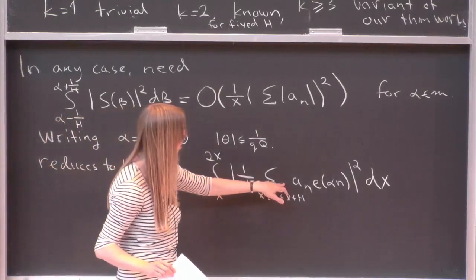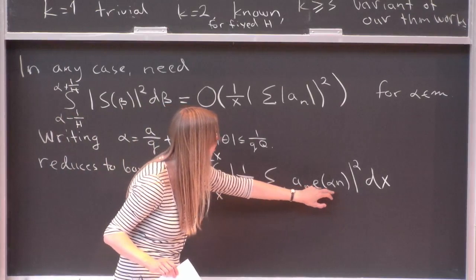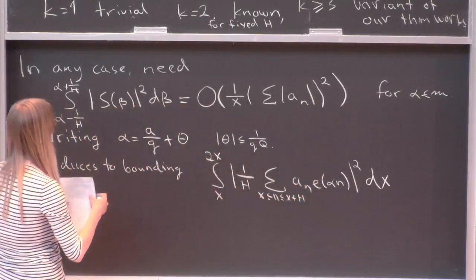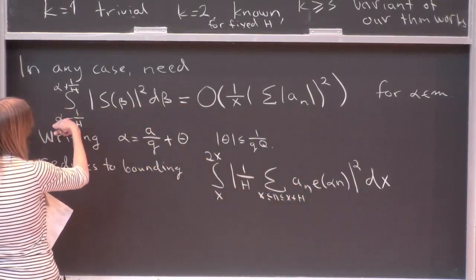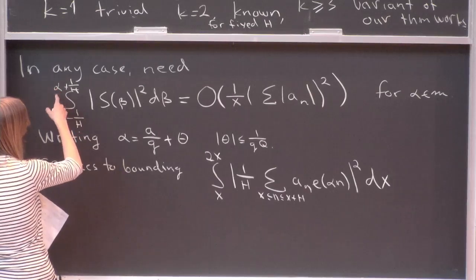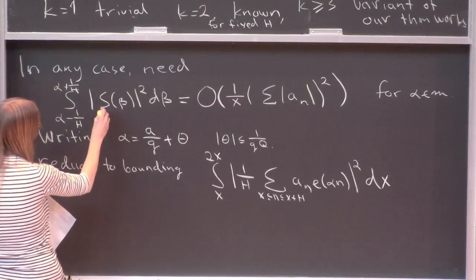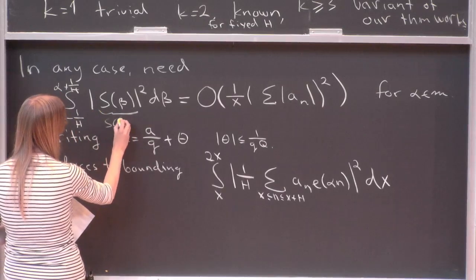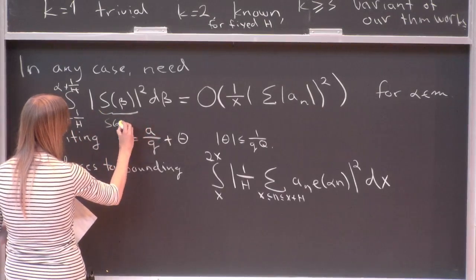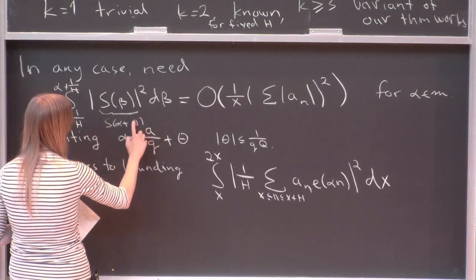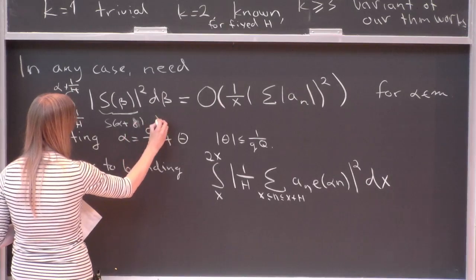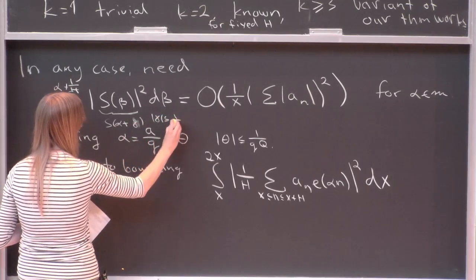And looking at the mean of the a_n twisted by this e(alpha n), because here we have that this integral is centered around alpha, so essentially we could write this as S(alpha plus gamma), where gamma is of size 1 over h.